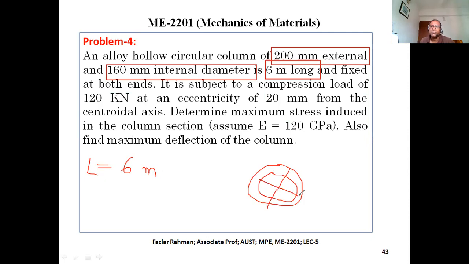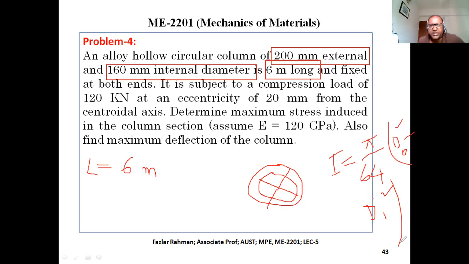So you can easily figure out the I of the column: pi by 64 times outside d naught to the fourth minus inside d to the fourth. You'll get I. That is the I minimum, because for circular cross section, Ix and Iy are the same.